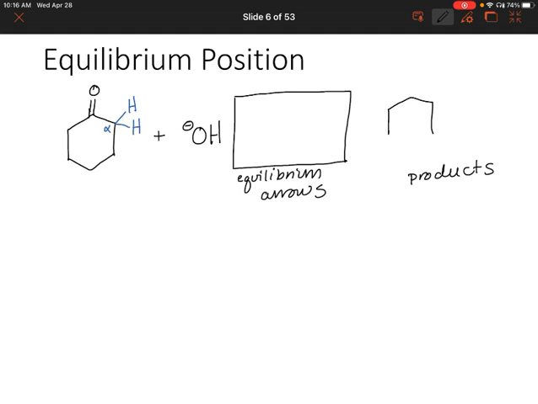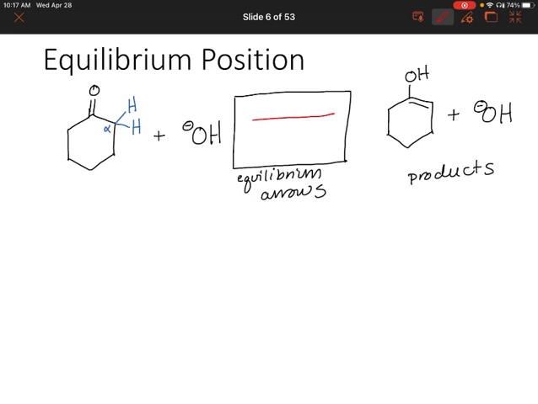So in this case, our enol will look like that. And then we also reform our catalytic base. So we'll have hydroxide ions still floating around. So now, which side would be favored, the ketone or the enol? The ketone.